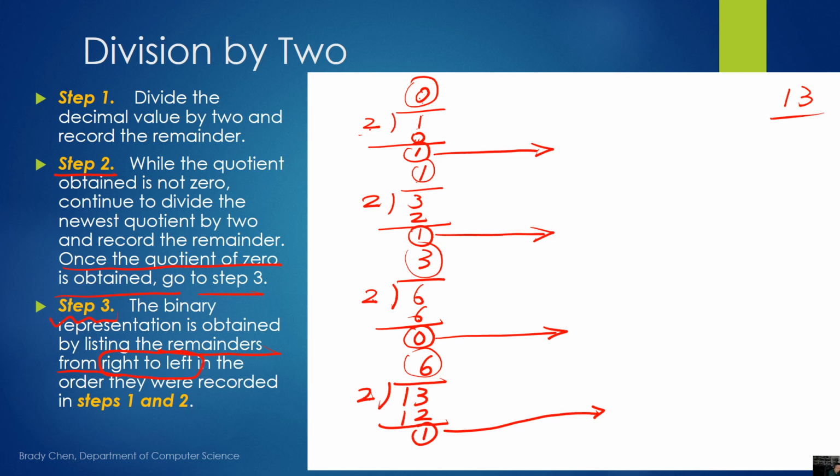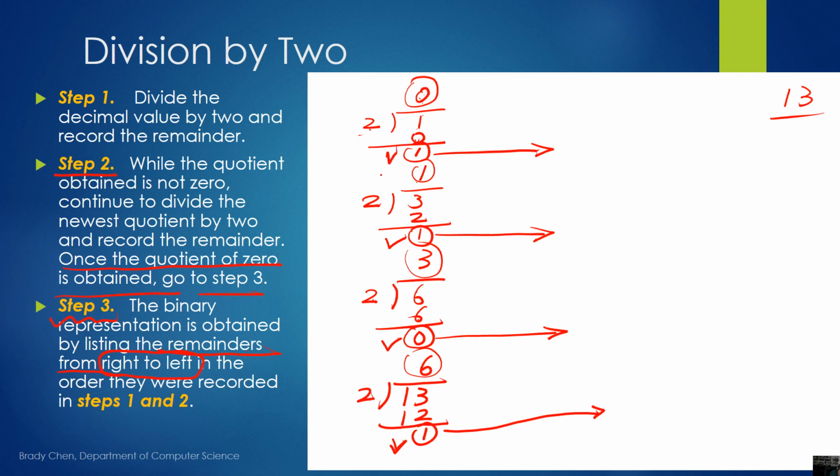What is step 3 going to do? We list the remainders from right to left in the order they were recorded. This one is recorded first, this one second, this one third, and this one last.